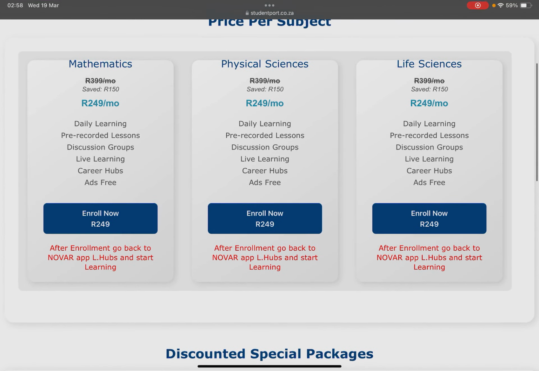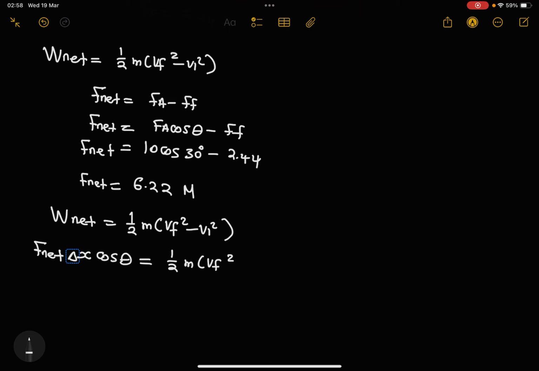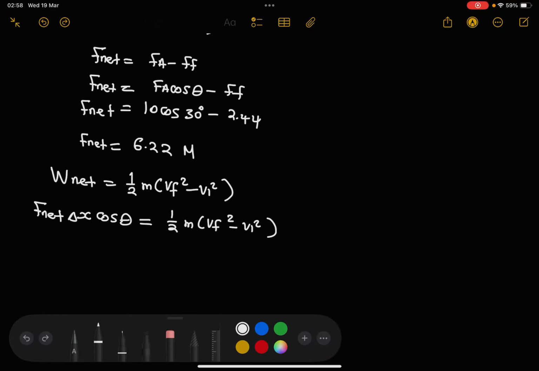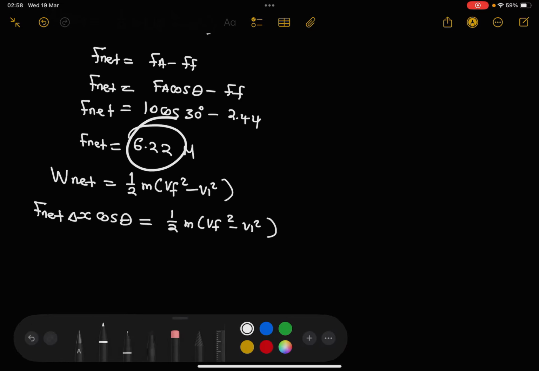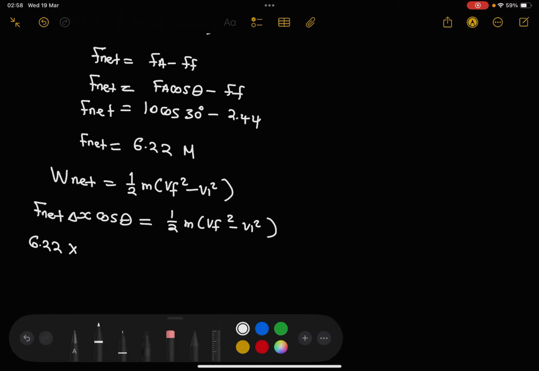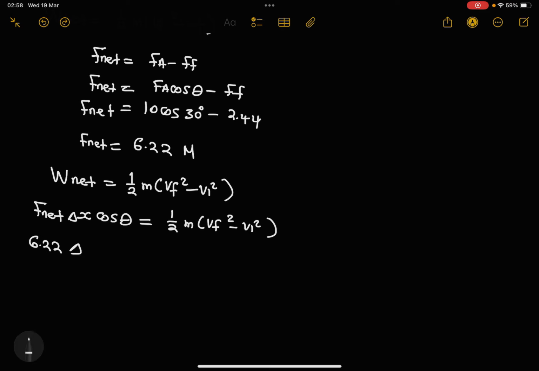So let's actually come back here, right? We know that this W net is going to be arranged as the F net, and we're just going to have change in X, and we're just going to have the cos of theta equals 1 over 2m times V final squared minus V initial squared. Now, what is our F net? As you can see, our F net is 6.22. So I'm just going to write 6.22, and we're just going to multiply this by the change in X. By the way, the change in X is what we are looking for.